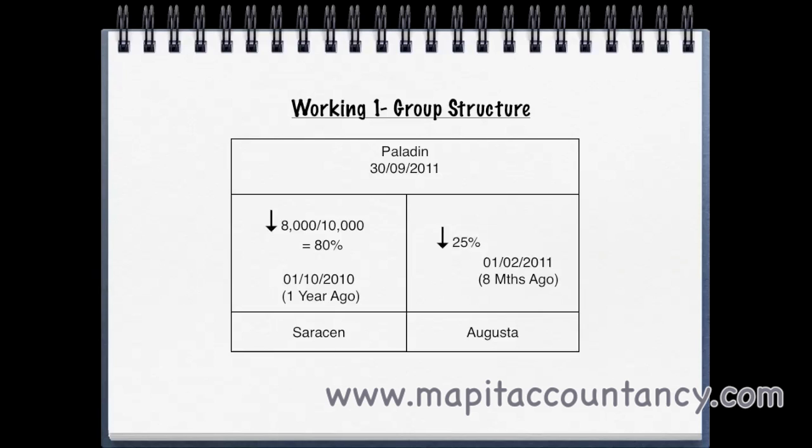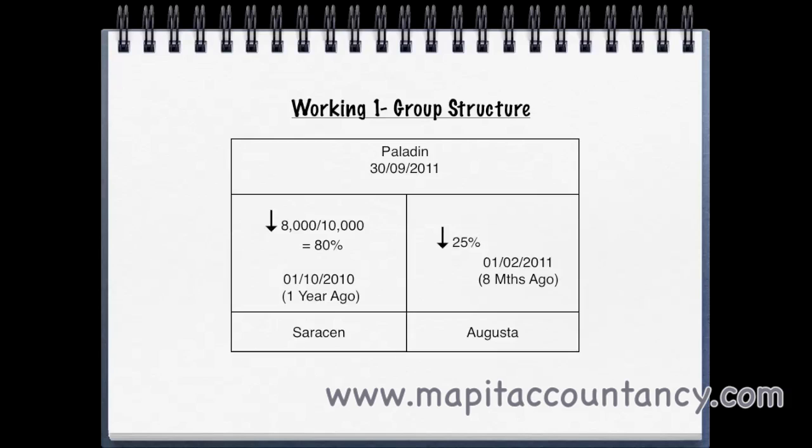We can also see that we purchased 25% of Augusta, and that was 8 months ago on the 1st of the 2nd, 2011. It's very important that you note the dates. First of all, the statement of financial position date. Secondly, the dates on which you gained control or you bought the interest in the various entities, because that will determine how much of the profit you need to bring in.